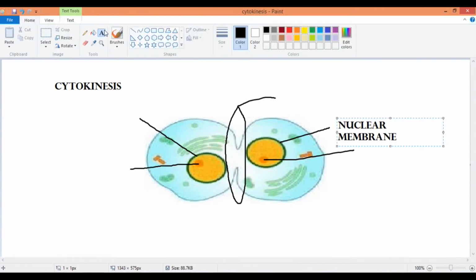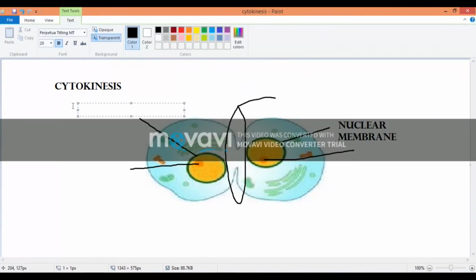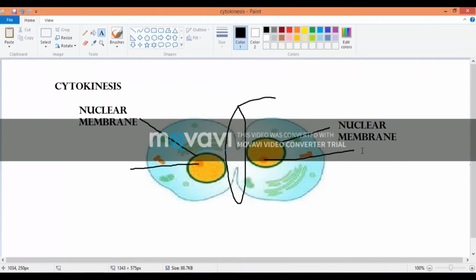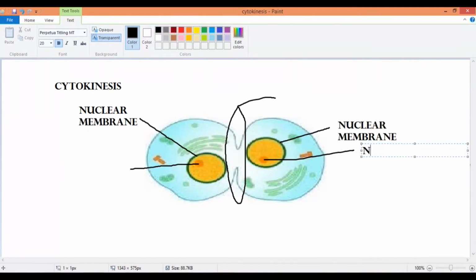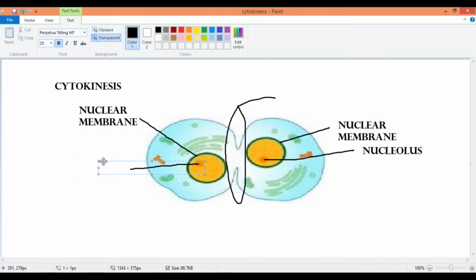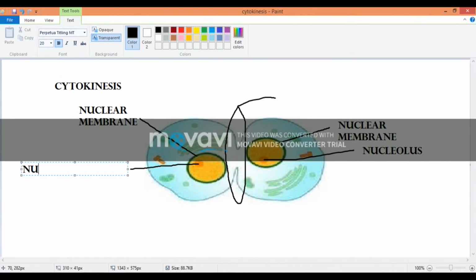Comeback is real when it comes to the nuclear membrane. And also the nucleolus, which was already lost in some stages. So this is the nucleolus. It is reformed.